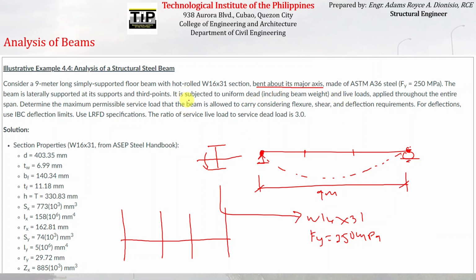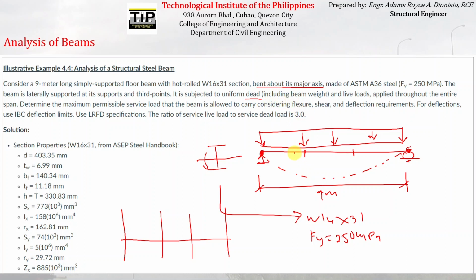It is subjected to uniform dead load, including beam weight, and live loads applied throughout the entire span. So it carries a uniformly distributed load, which comes from the dead load including the self-weight as well as live loads. You have to be careful with the dead load computation, since sometimes the question doesn't include the weight of the beam.